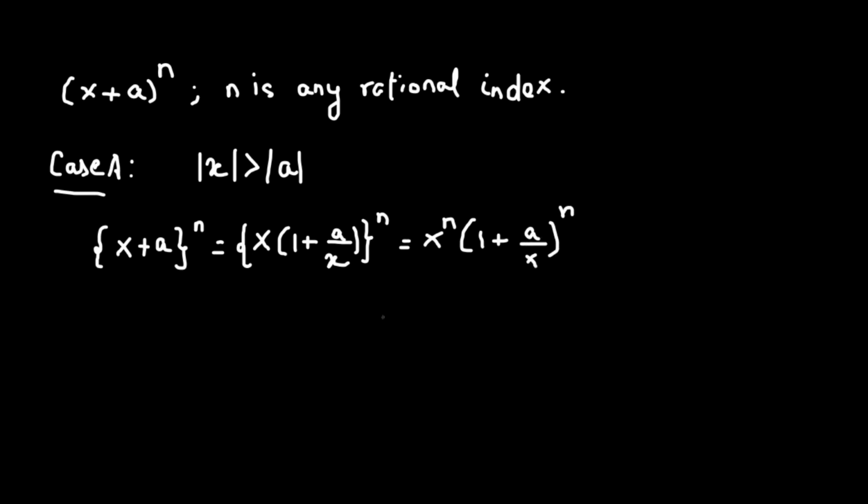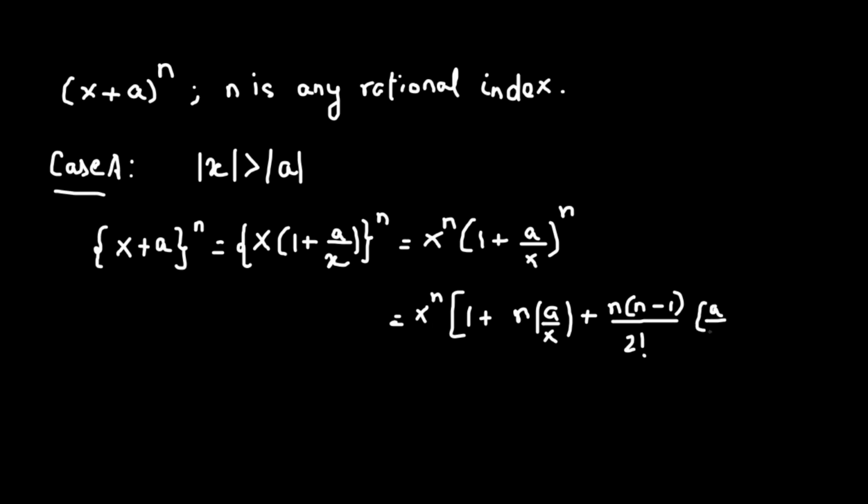Now we're going to apply the binomial theorem, which will be x raised to the power of n times 1 plus n times a over x plus n(n minus 1) over 2 factorial times (a over x) squared, and so on.